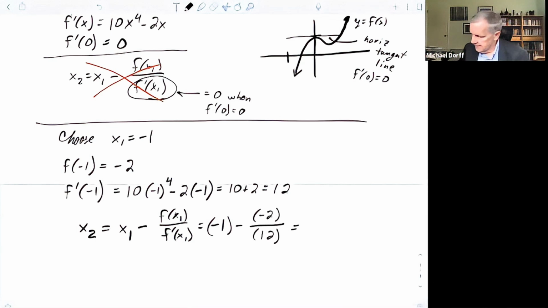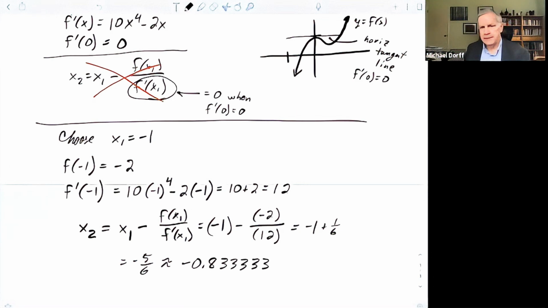And that's the same thing as -1 plus 1/6, which is -5/6, which is approximately equal to -0.833333. We're going to do 6 places past the decimal because that's what they want us to do. We want to be accurate to that.